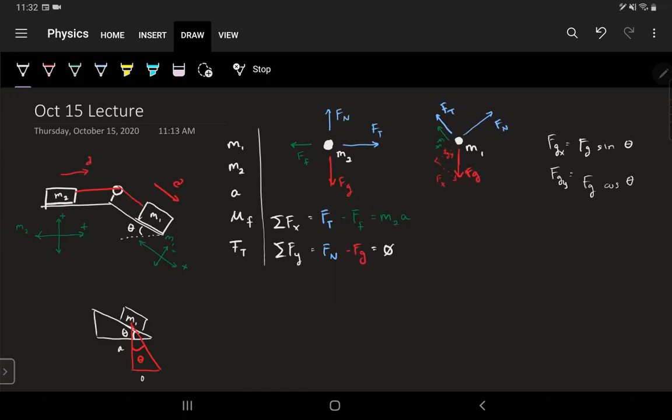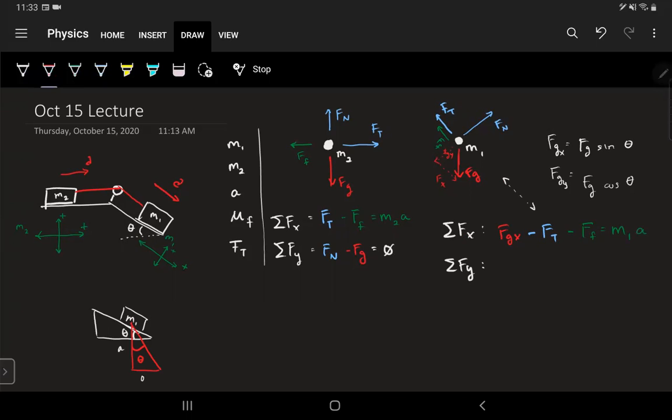All right, so let's do this one. Sigma Fx and sigma Fy. Okay, sigma Fx in the x direction. Remember that the x direction is this diagonal, this side to side. All right. So since going to the right is positive, it would be Fgx minus f of t, also minus f of f, equals ma, m1a to be precise.